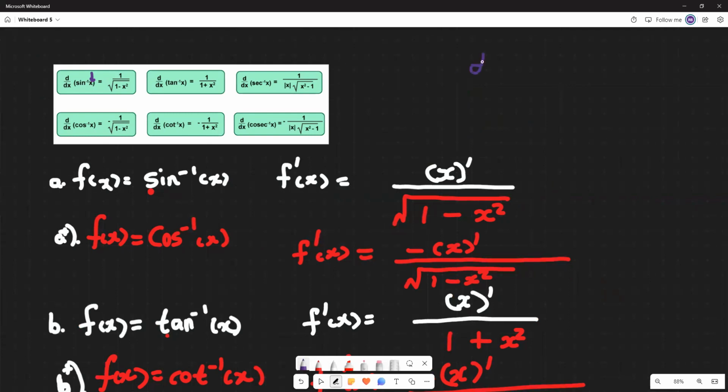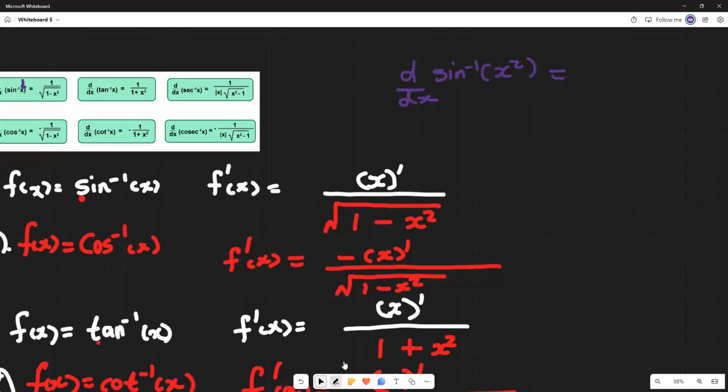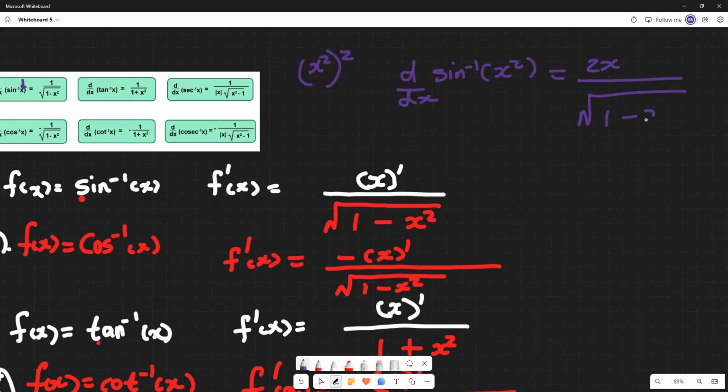So for example, if I had d over dx of sine inverse of x squared, the answer will be the derivative of the angle, 2x, all over square root of 1 minus x squared, but my x squared is now x to the power of 4. I was just showing you how it's going to work, but we are going to make more videos on that. For now, we're just discussing a way to remember your derivatives.